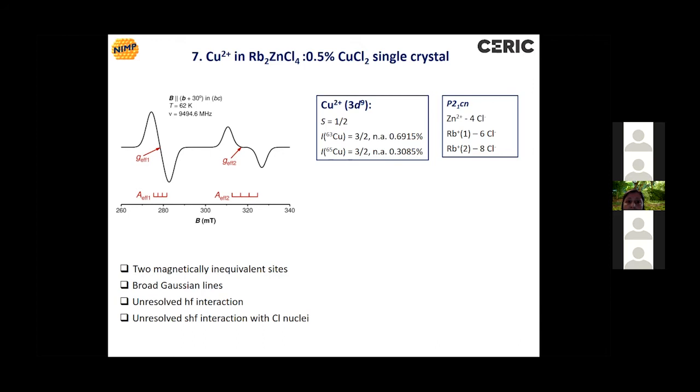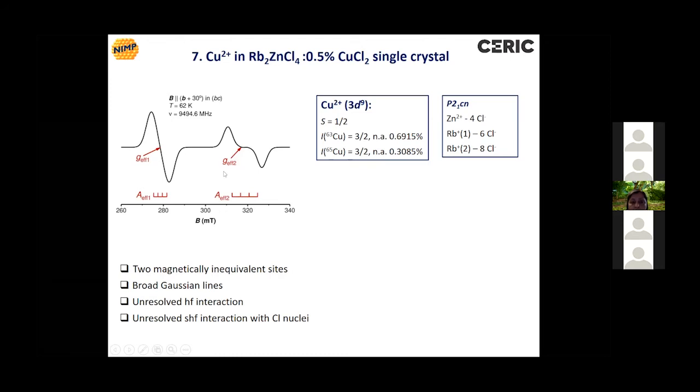So while the powder spectrum would not be affected by these symmetry operations present, or symmetry elements from the crystal, in a single crystal spectrum, we can see, as it is represented here, magnetically inequivalent sites, which are related by a symmetry element. But then for specific orientation of the crystal in the magnetic field, the sites would see a different local field.